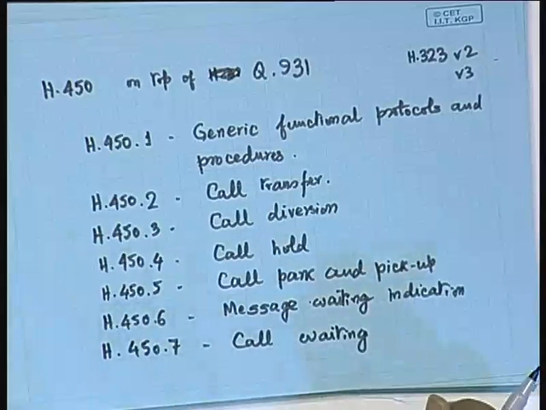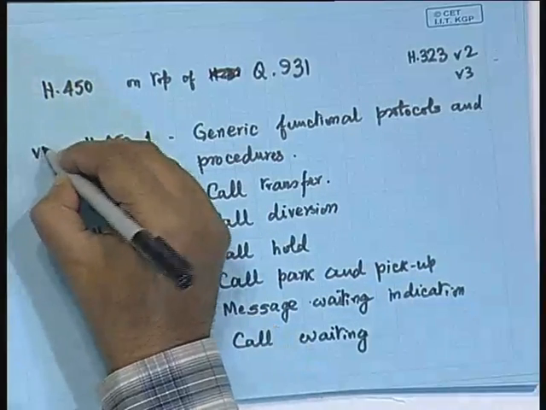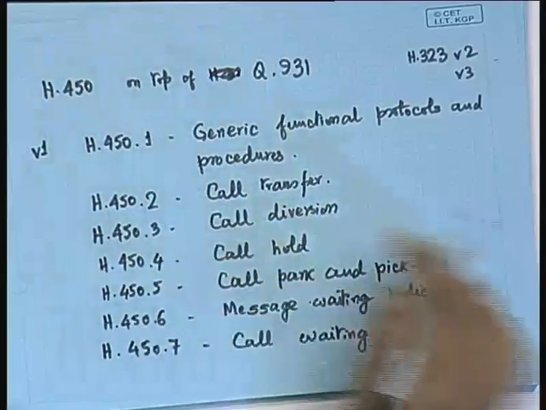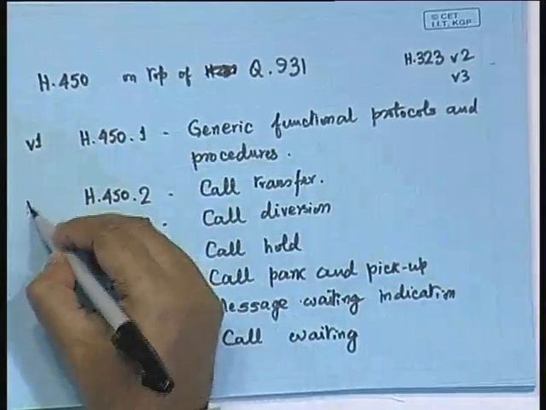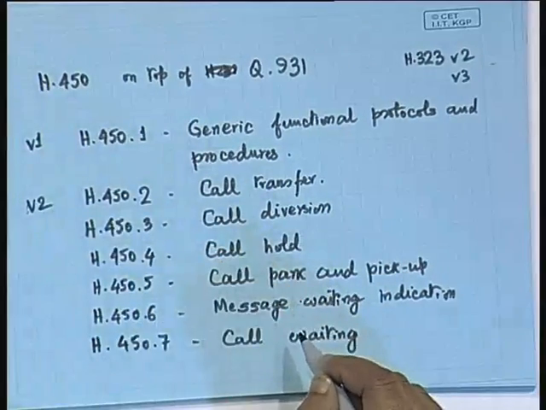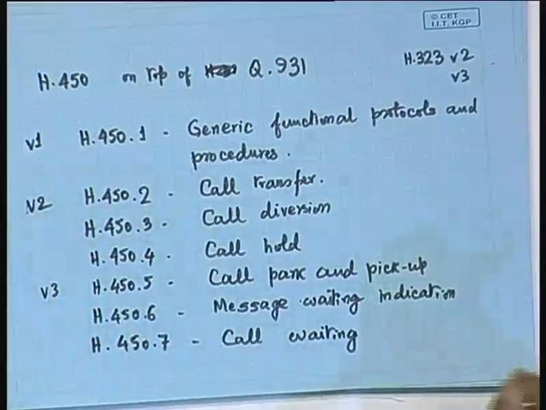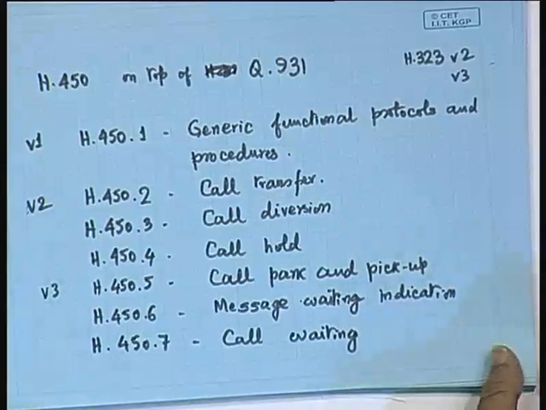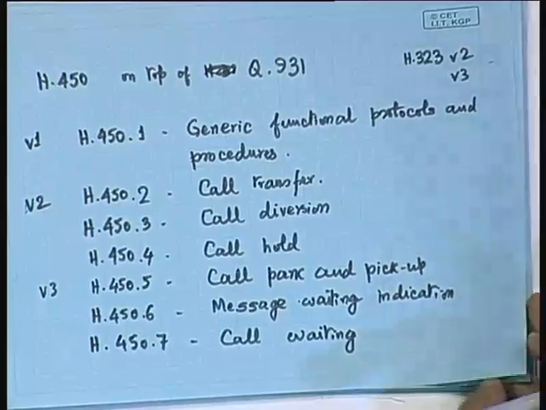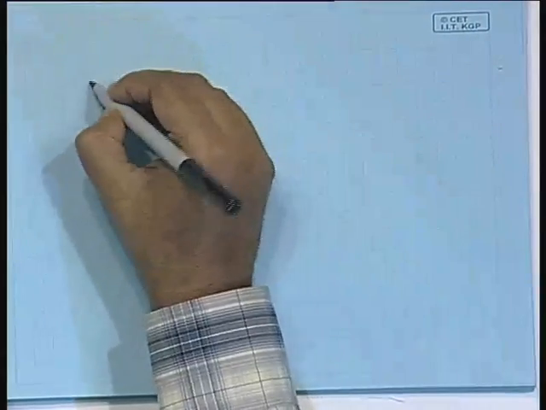Actually, version 1 only supports the first of these, version 2 onwards supports more, and I think from call park and pick up onwards, these are the things which are supported in version 3, and from version 4 onwards we have some more enhancement capabilities.